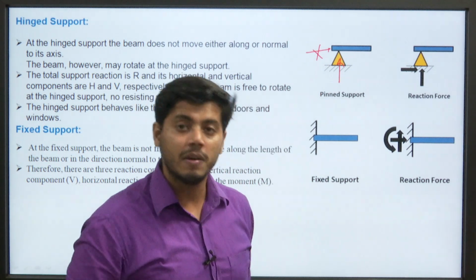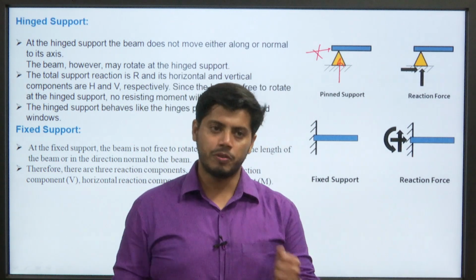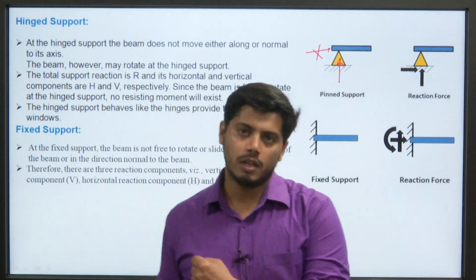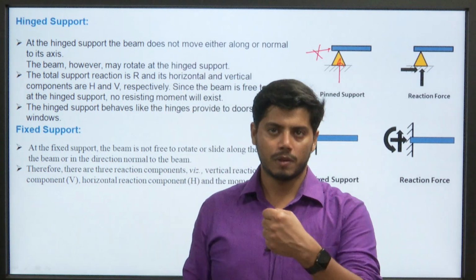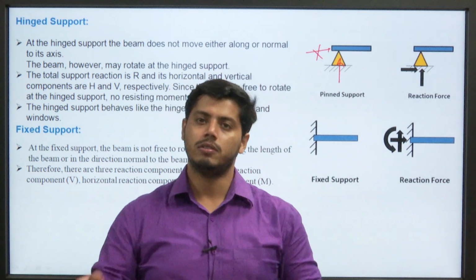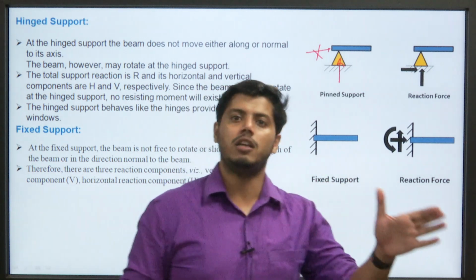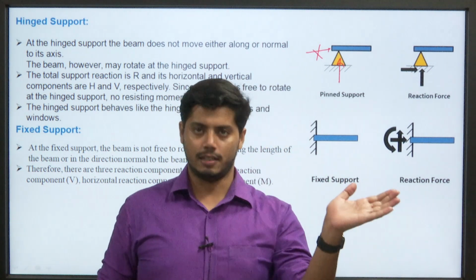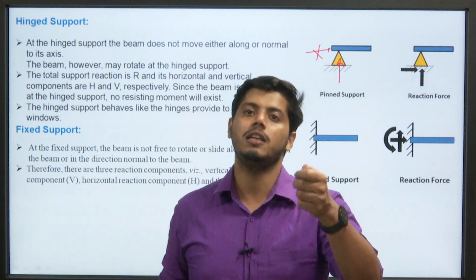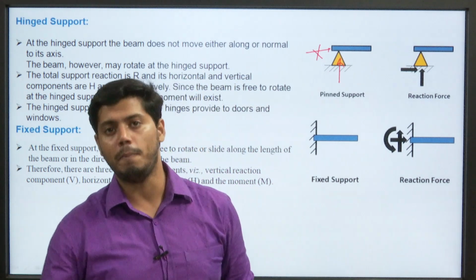The perfect example of a hinge support is our door, because we can swing the door in and out, but we cannot slide the door. Now, sliding gates are available, but I am talking about a traditional door. We cannot slide the door toward our left or right side until we provide some roller at the bottom panel of the door.